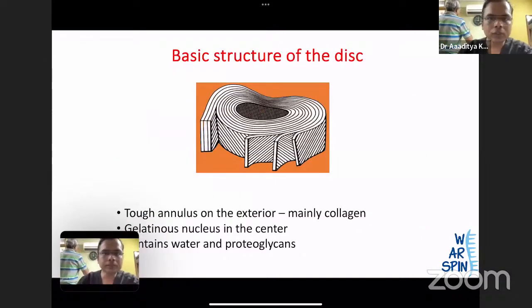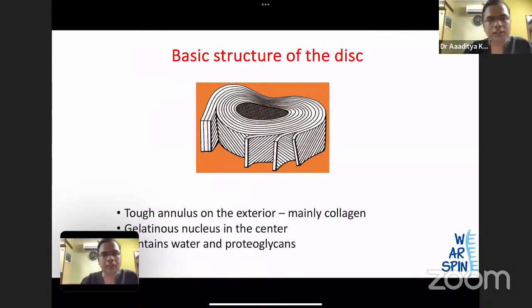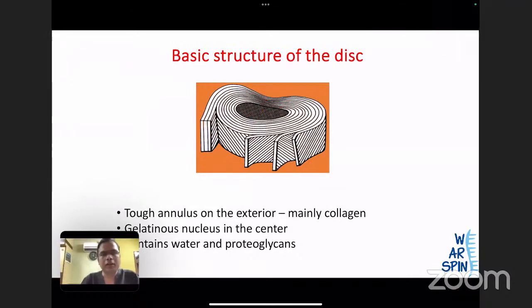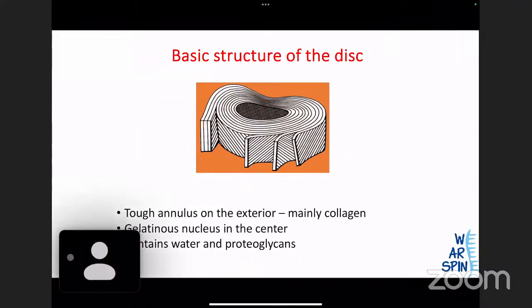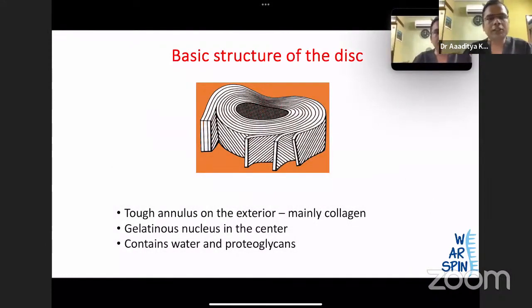Next. So the disc is a structure where on the periphery there is a tough annulus, which is mainly made up of collagen. In the center, there is a gelatinous nucleus pulposus, which contains mainly water and proteoglycans. Next.